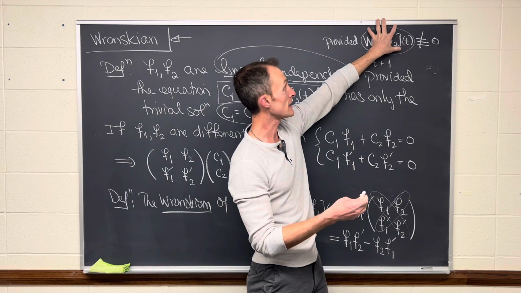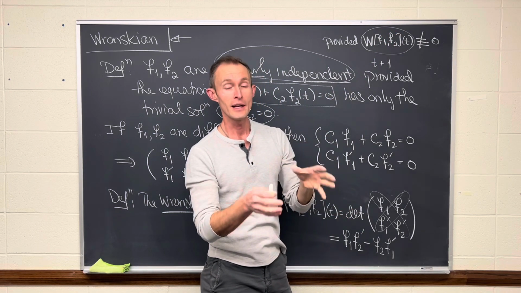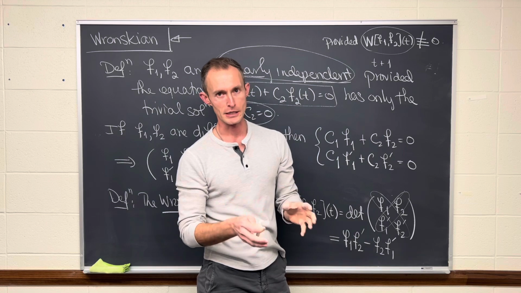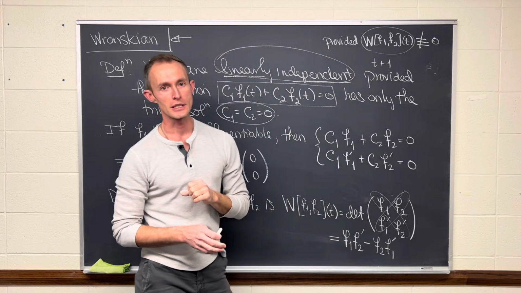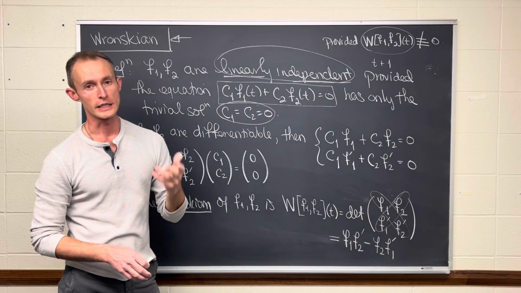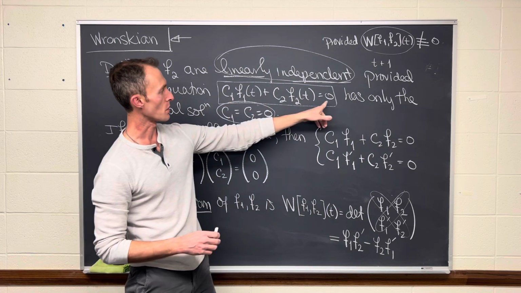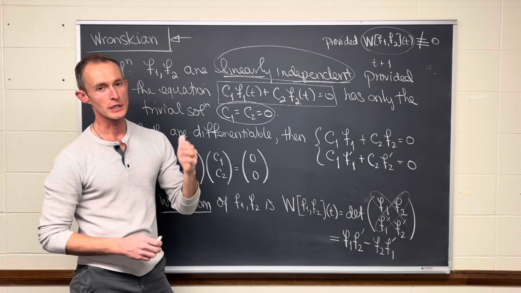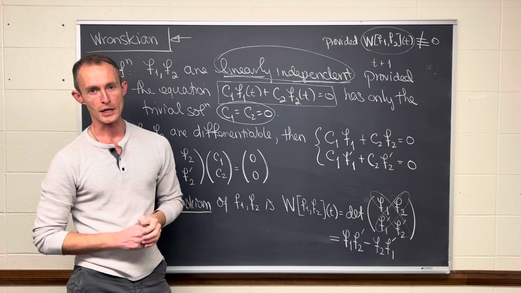I'm saying this thing, as the determinant of a matrix, cannot be identically equal to 0. So if the Wronskian is not identically equal to 0, it is not the 0 function, then we say that f1 and f2 are linearly independent functions, and we don't have to worry about looking at the corresponding linear combination like we did when we were looking at vectors in R2, R3, and Gaussian elimination came into play.